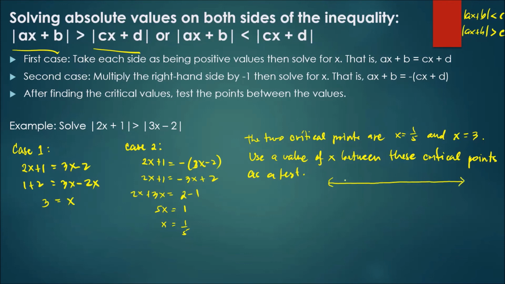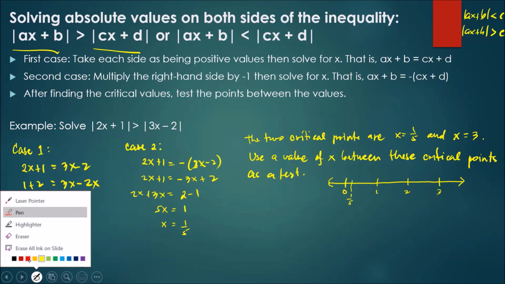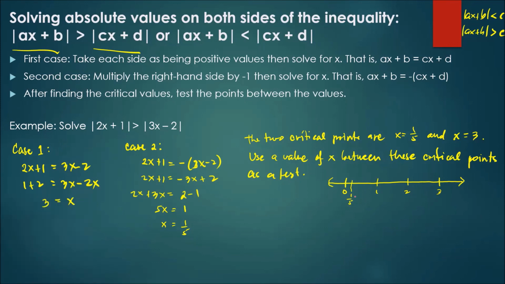Okay, let us look at the number line. If this is 0, this is 1, this is 2, this is 3, and 1/5 is going to be here. So what are the possible values of x between 1/5 and 3?